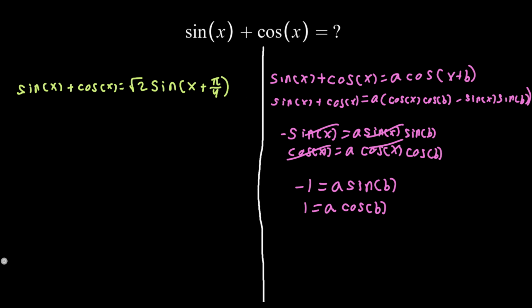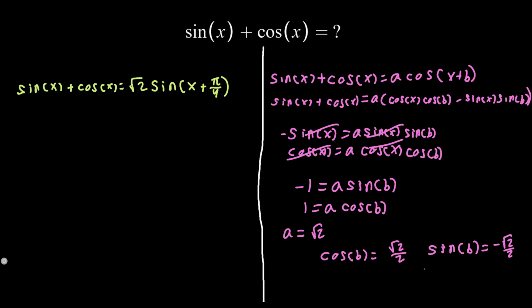If we square, the negative 1 goes away, so we can already say a is equal to the square root of 2. Now we have the system of equations: cosine of b is equal to root 2 over 2, but sine of b is negative root 2 over 2.